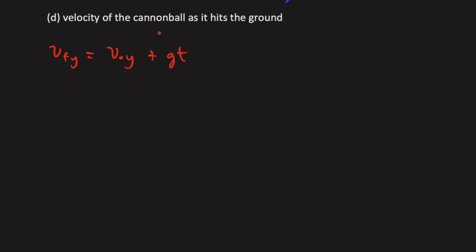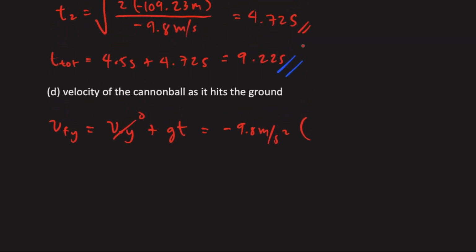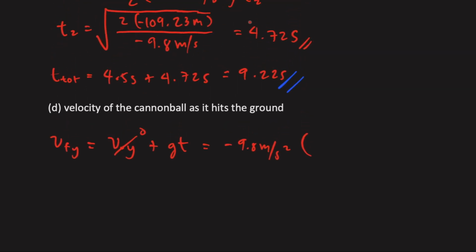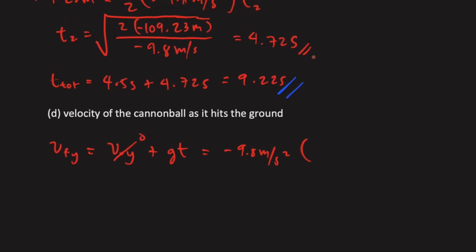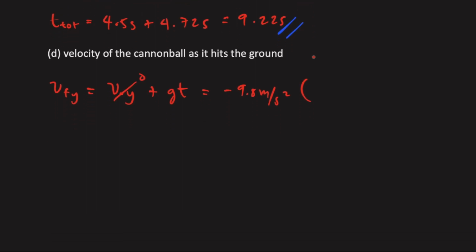Since v naught y is 0, this becomes negative 9.8 meters per second squared times t2, since t2 is the time of falling from the peak of the trajectory to the ground.